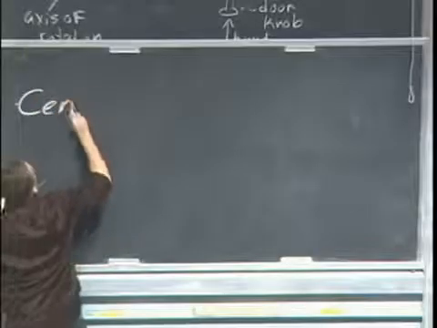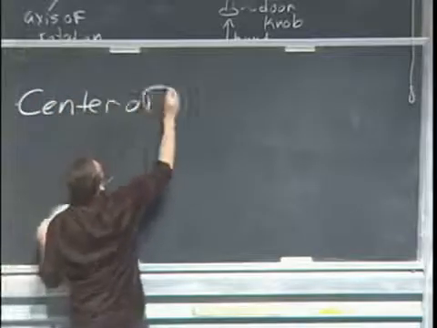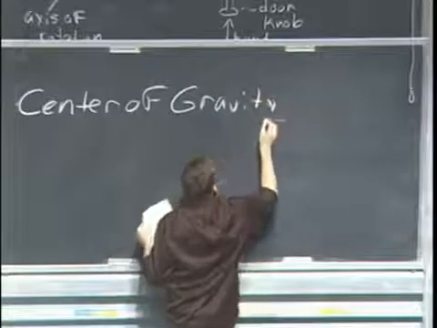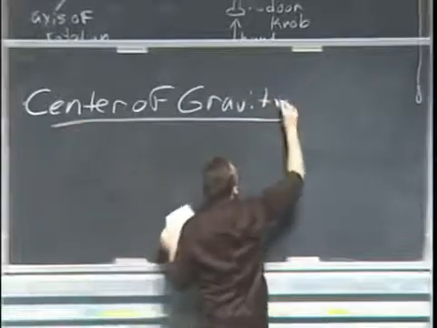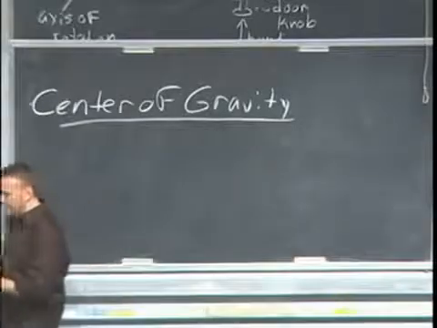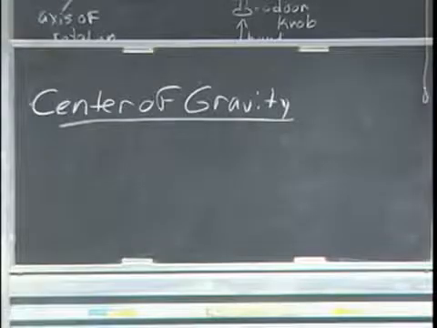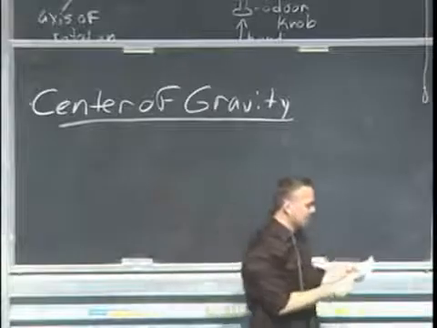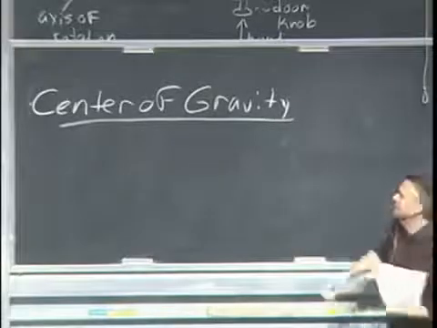So this is the center of gravity. And the center of gravity is when you're calculating torques. The weight of an object acts as if it's being applied at the center of gravity.